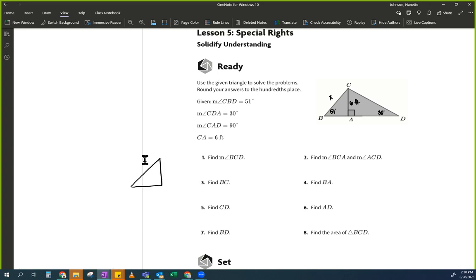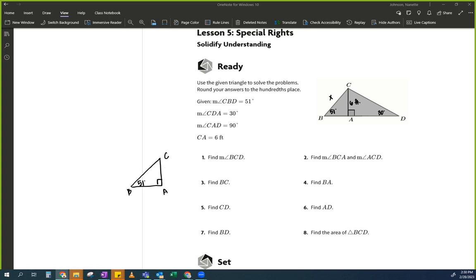So it's a right angle in there, letter A, letter B, letter C, and this is 51 degrees. And while I'm doing that, did I forget anything? I'm always going to ask, did I forget anything? Because that's just good practice to check your work.